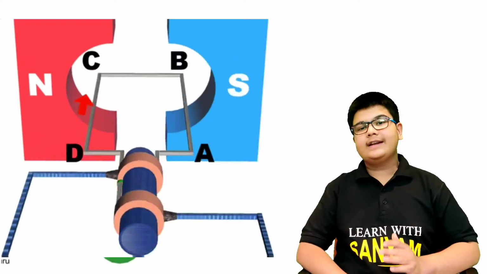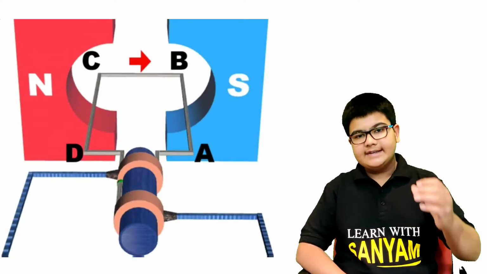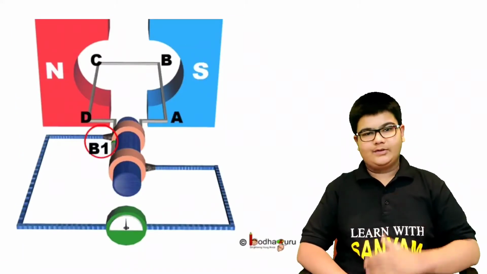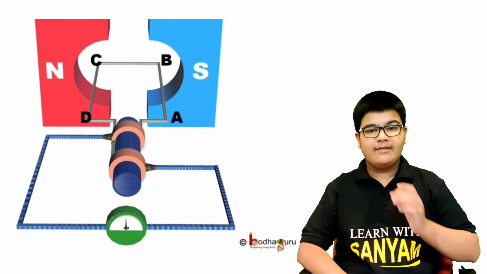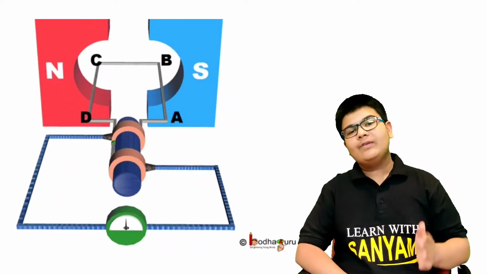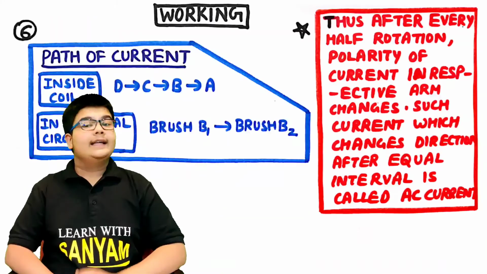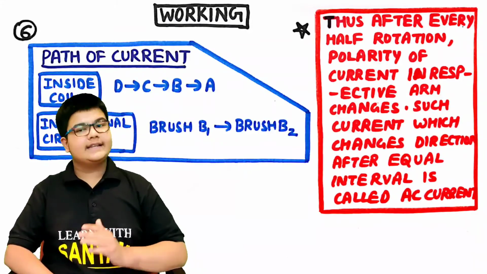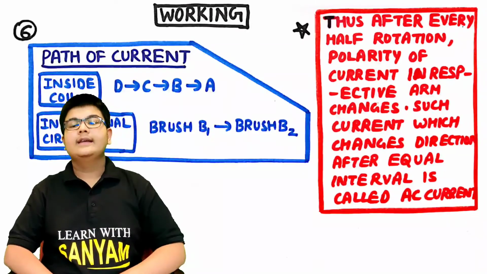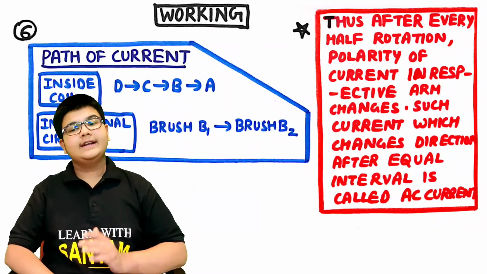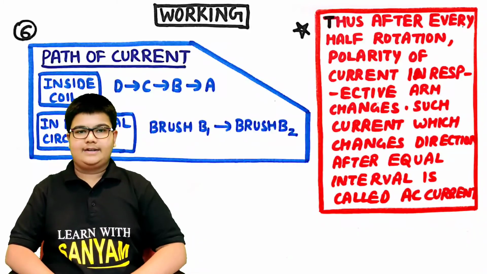Now the path of current would be from D to C to B to A. And in the external circuit, it will also get reversed. So it will be from brush B1 to brush B2. Earlier it was from B2 to B1. Now it will be from B1 to B2. Thus, after every half rotation, the polarity of current in the respective arms changes. Such current which changes its direction after every equal interval is called AC current.